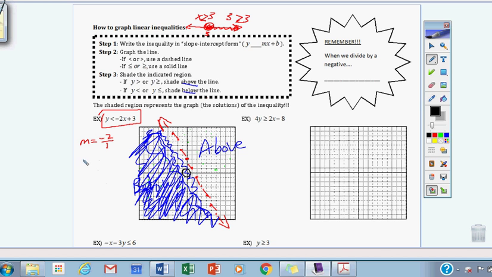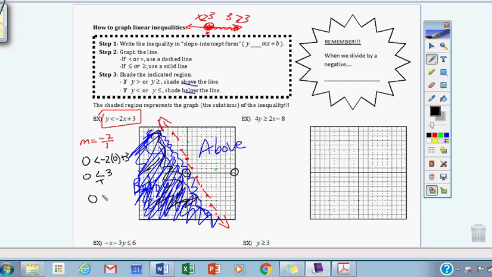So look what happens when I plug in the origin. 0 is less than -2 times 0 plus 3. That says 0 is less than 0 plus 3, less than 3. That's a true statement. So this point right there, when I plug it in, is true. That means I shade that point, and every other one over here will be a true statement. Now, as opposed to this point, the point (10, 0).